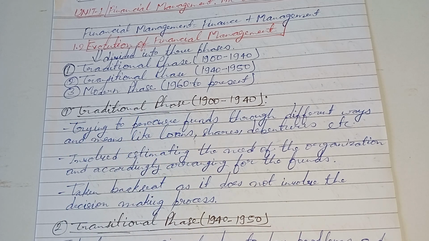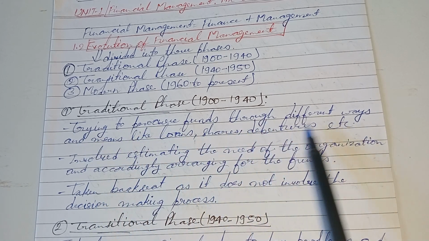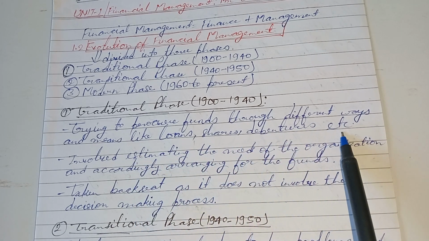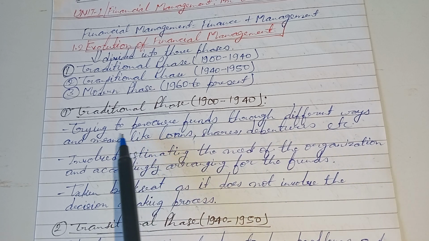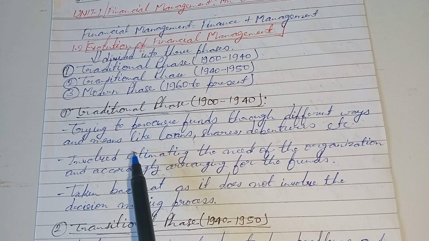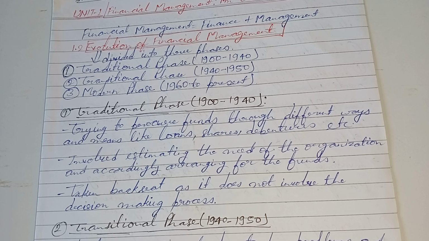The feature of this traditional phase was trying to procure funds through different ways and means like loans, shares, debentures, etc. And it involved estimating the needs of the organization and accordingly arranging the funds.